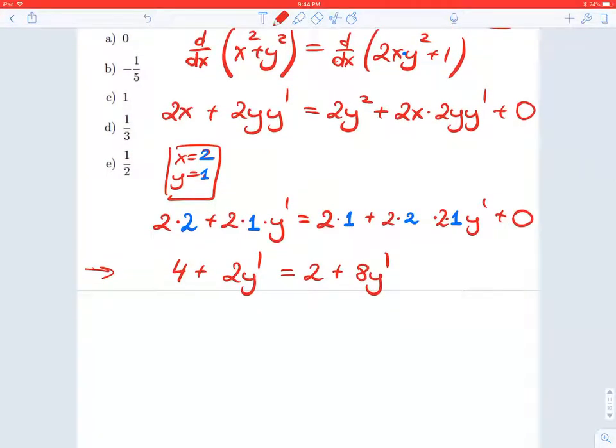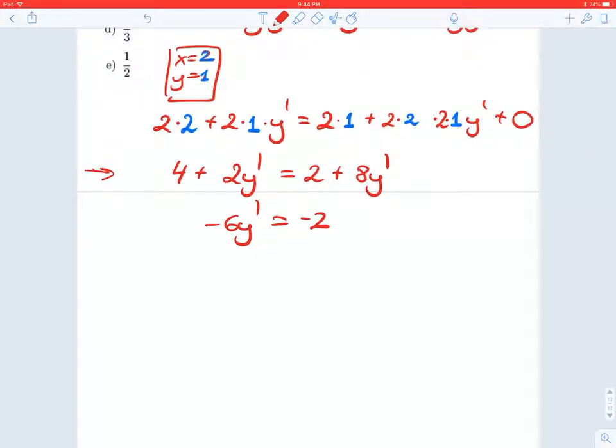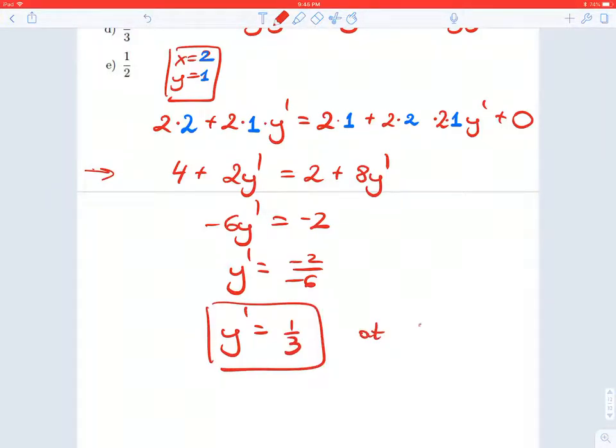And then subtracting 8y prime from both sides, I have negative 6y prime, and subtracting 4 from both sides, I have negative 2. Dividing by negative 6, I am getting my derivative as 1/3, and this is the derivative at the point (2, 1).